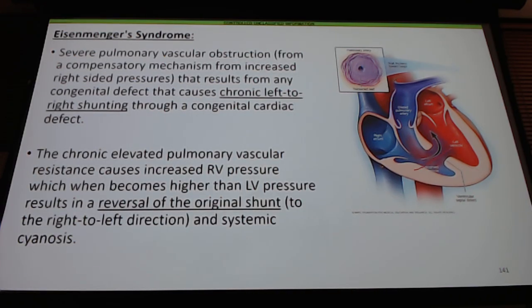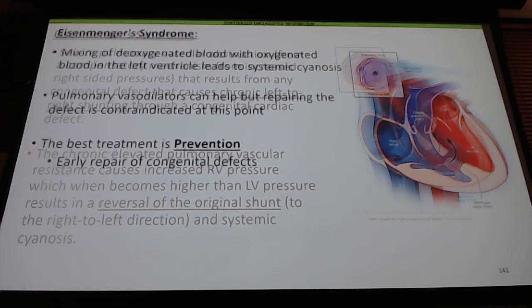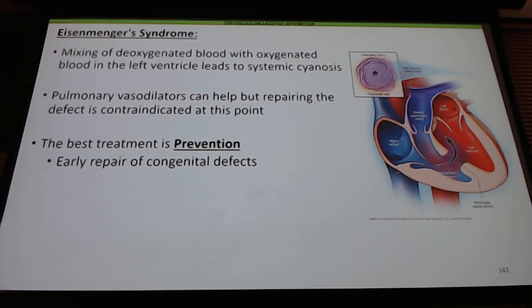So now you're getting that right to left shunt, and now you're getting that deoxygenated hypoxic blood getting sent to the arterial system instead of to the lungs like it should. And the best way to treat this condition with Eisenmenger's is actually just to prevent it in the first place, correct that congenital defect before it has time to cause compensatory changes.